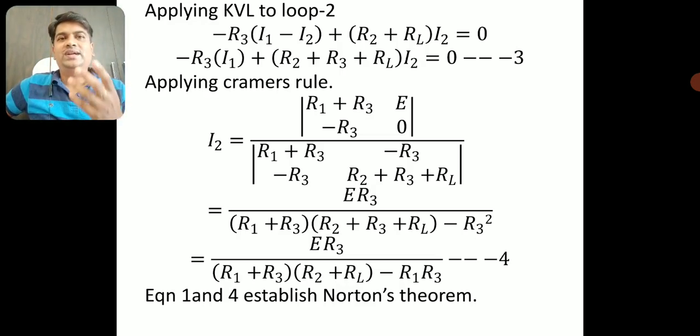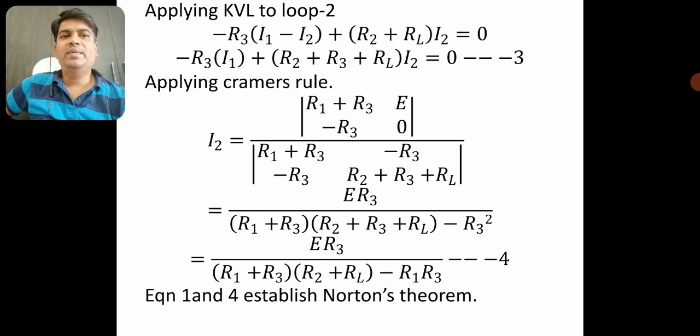I want only the current through the load resistance. What is the current through the load resistance? I2 is the current through the load resistance. So it is enough if you calculate I2. I don't want I1 in this case. I just want I2.